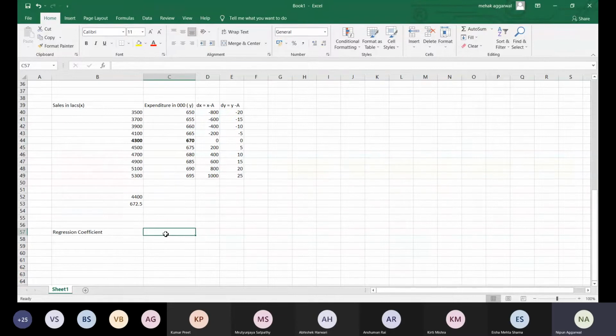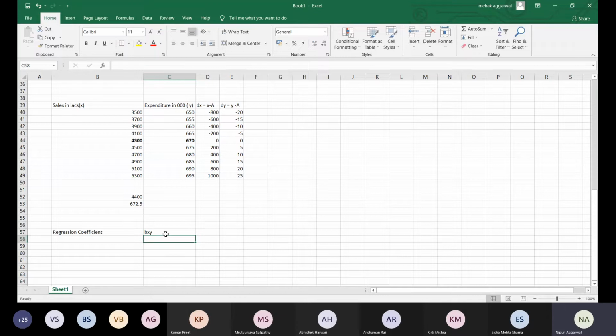So we have to find both ways, either expenditure is my cause or sales is my cause. So there will be two regression lines. One is the effect of sales on expenditure and the other is the effect of expenditure on sales.